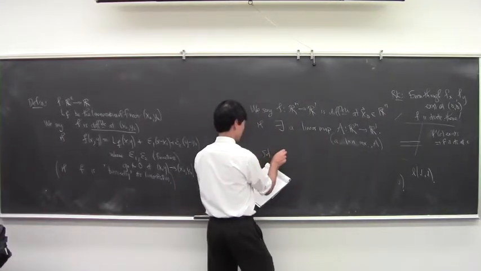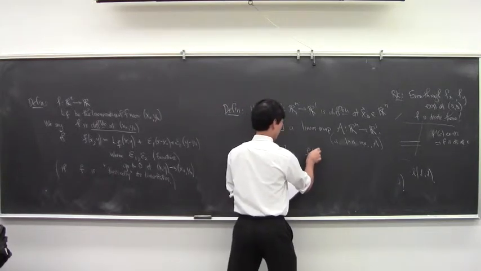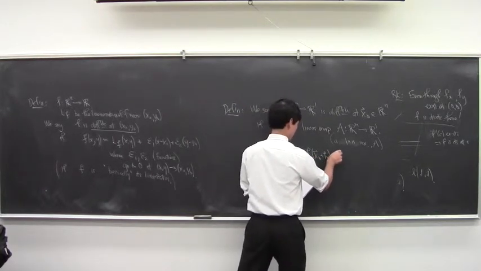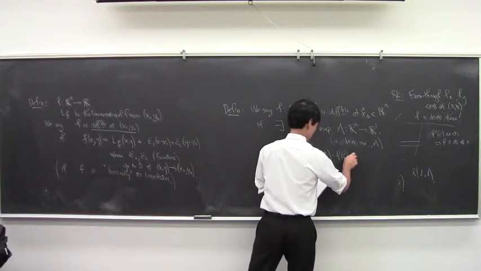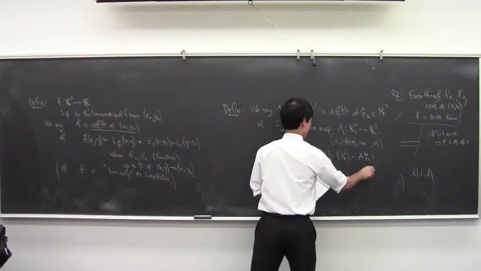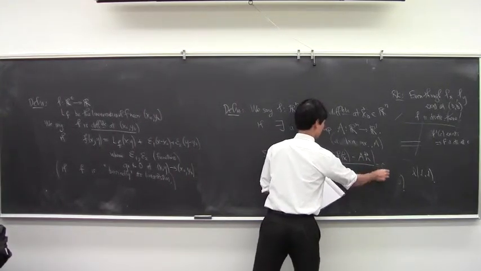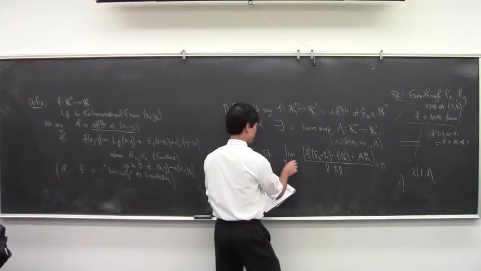Such that the limit of f of x naught plus h minus f of x naught minus A h, over the absolute value of h, is 0 as h goes to 0.